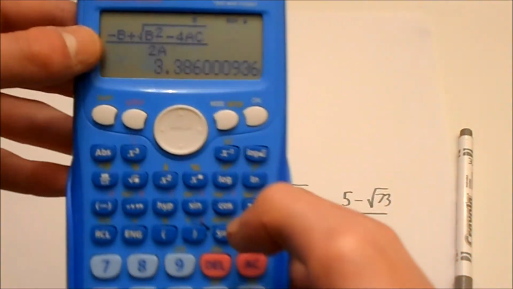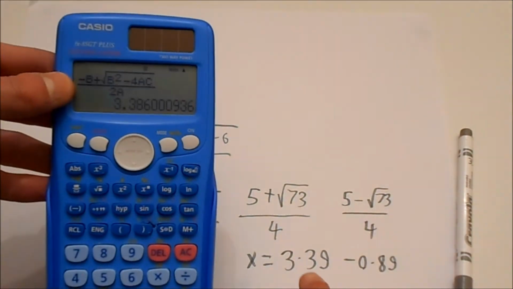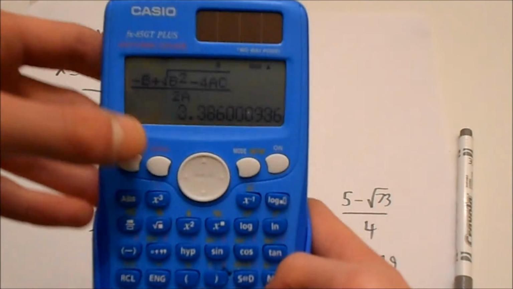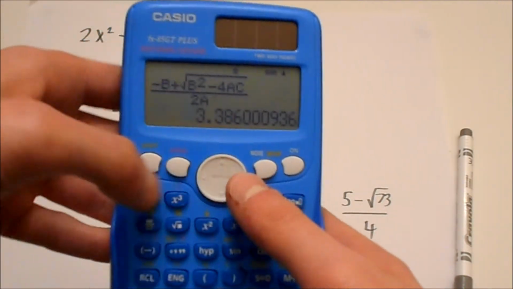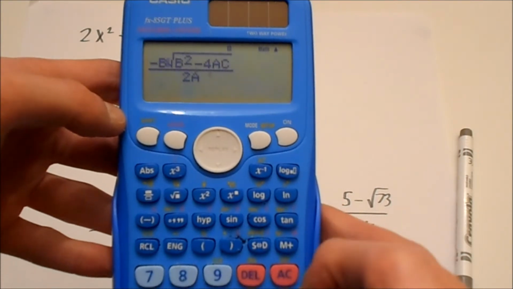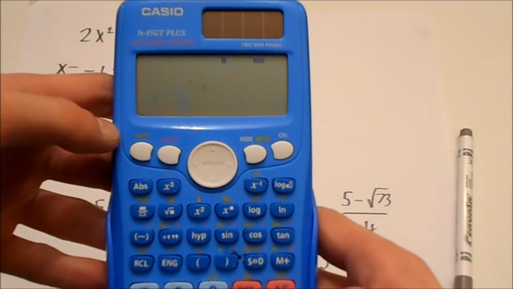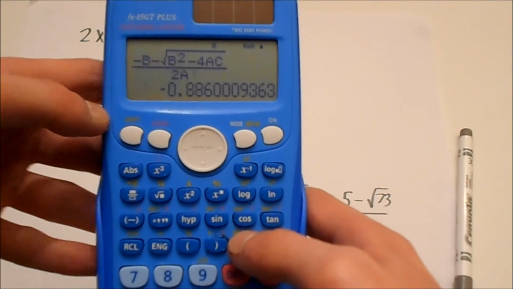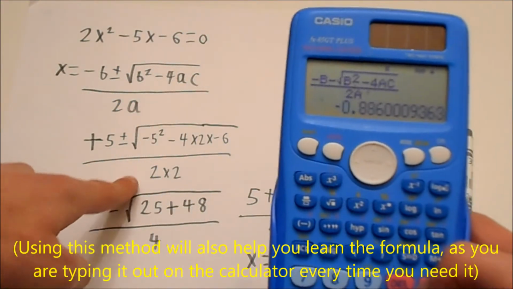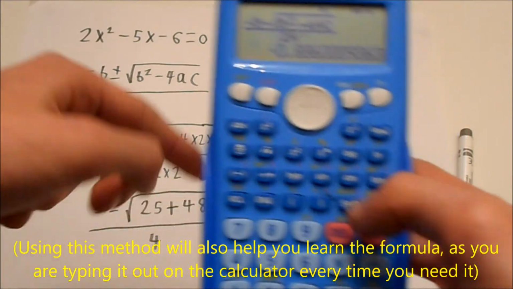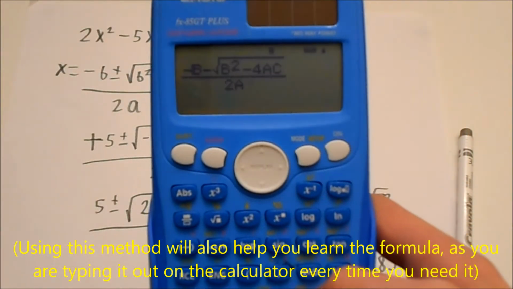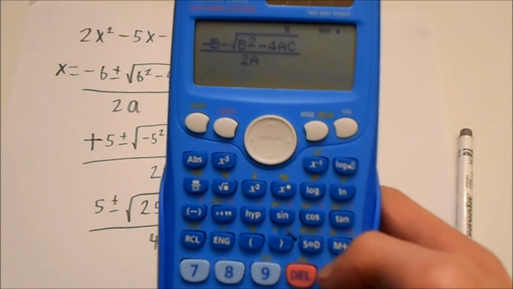And it gives us, just like the answer down here, 3.386 or 3.39 to 2 decimal places. And then when you want to change it to the negative answer, you can just change that quickly to a minus, and it gives you the negative answer. So rather than having to put all of these numbers into the formula, you can just type out the formula like this, and the calculator will do all the work for you.